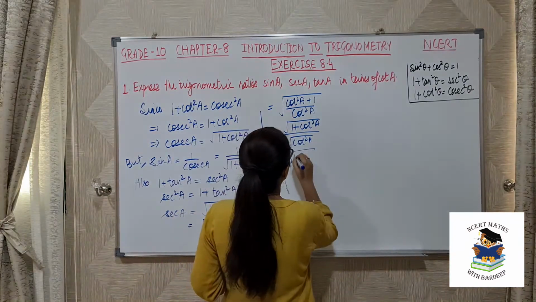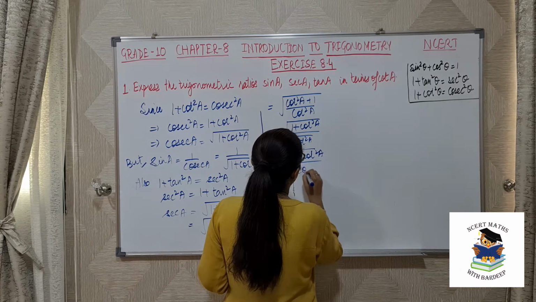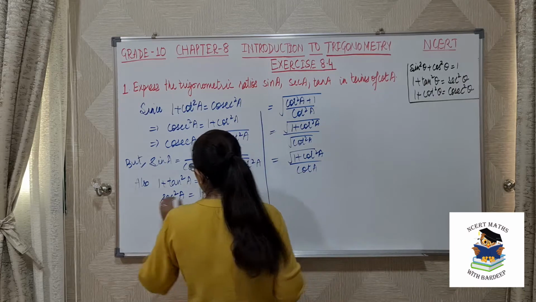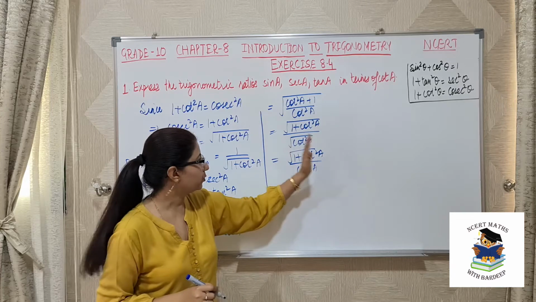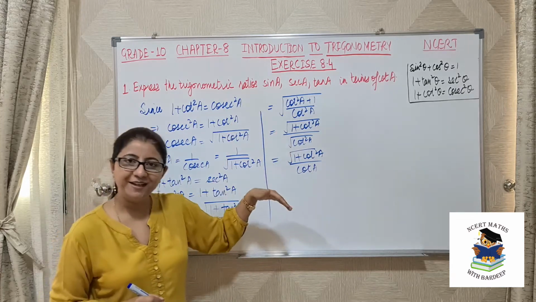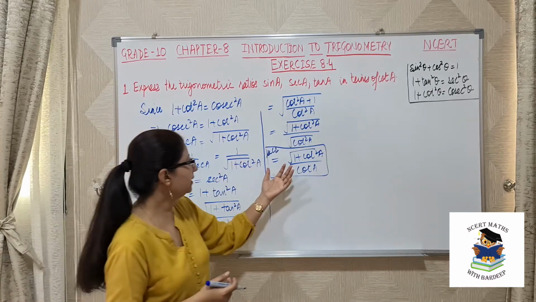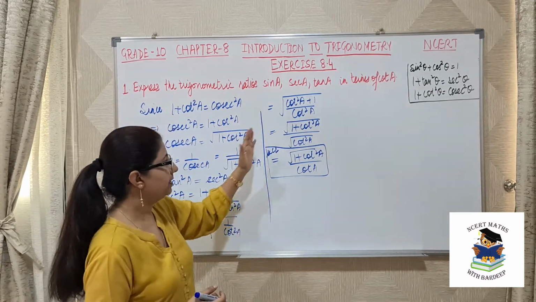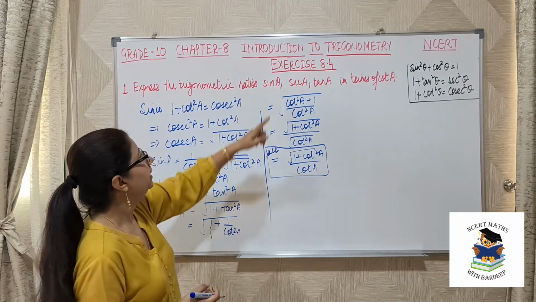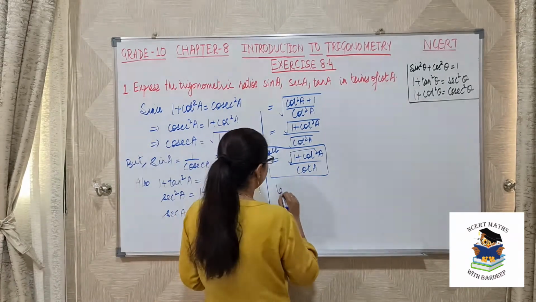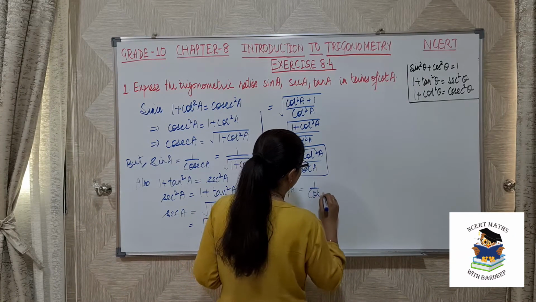So this is equivalent to square root of 1 plus cot square A divided by cot A. So now we can see that secant A is equal to square root of 1 plus cot square A divided by cot A. So everything is in terms of cot A. This is our second part. Next is tan A. What is the relation between tan A and cot A? This we already know. This is 1 over cot A.